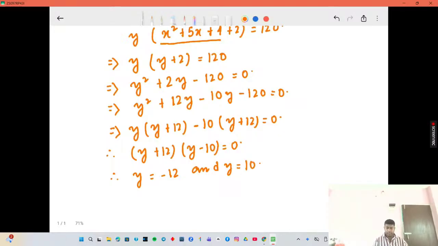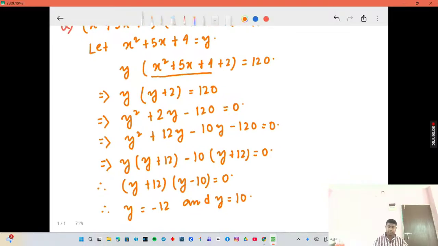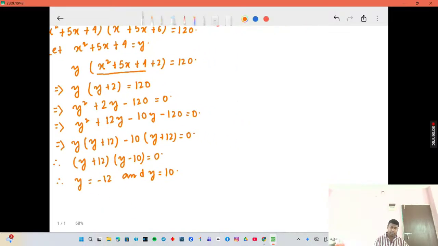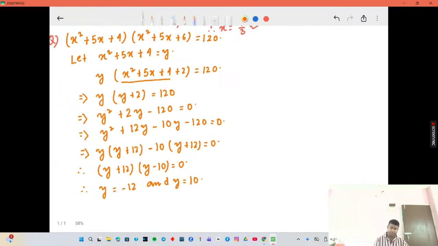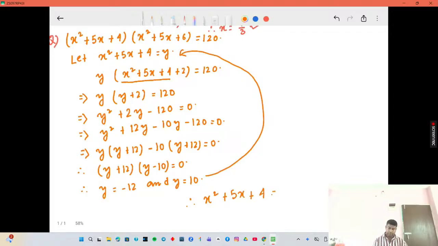So now you can see what value of y we have taken in the second line of this equation, that is x square plus 5x plus 4 is equal to y. So now we can write, therefore, x square plus 5x plus 4 is equal to minus 12. Here you can see that the value of y is minus 12.